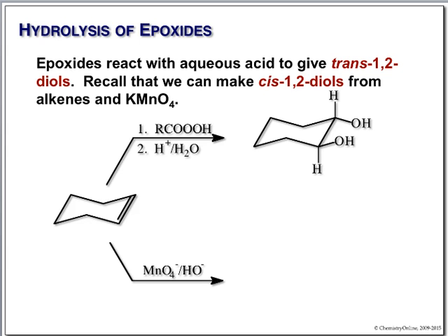Or we could do this with permanganate. If we did this with permanganate, what would happen? We will get a 1,2-diol where the oxygens are cis. Now in a 6-membered ring, 1,2 cis means axial equatorial.